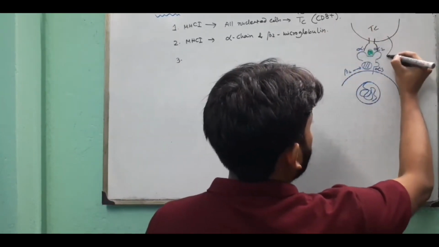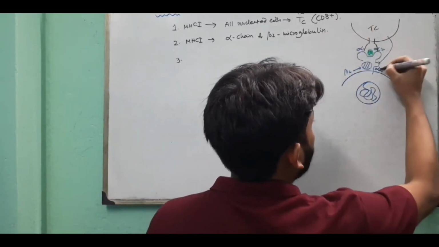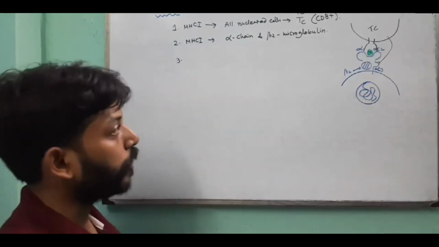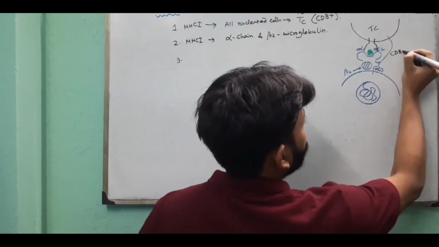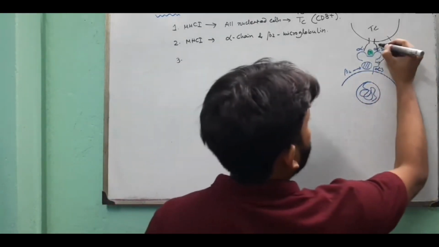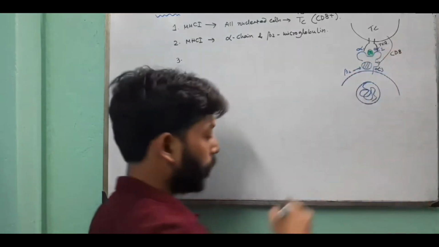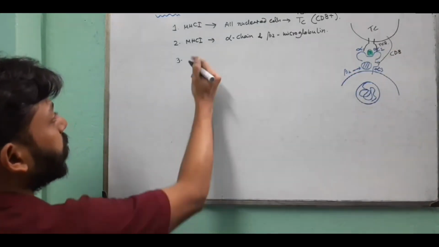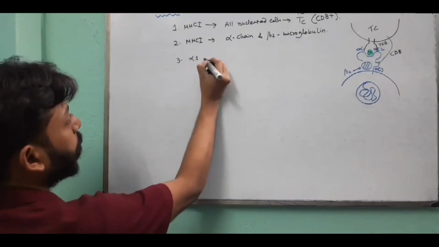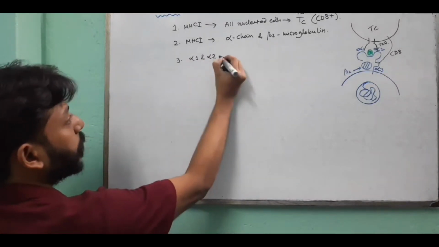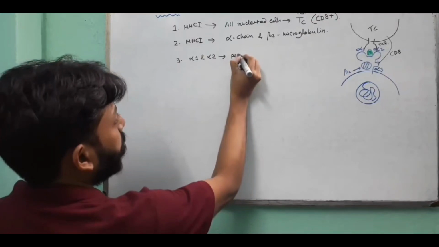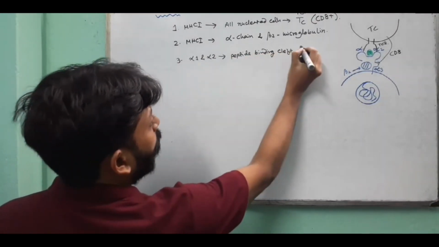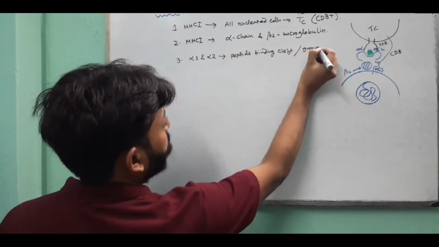This CD8 molecule can recognize the alpha 3 domain of the alpha chain. So this is the CD8 and this is the T cell receptor. So the alpha 1 domain and the alpha 2 domain make the peptide binding cleft or groove where the peptide can bind.